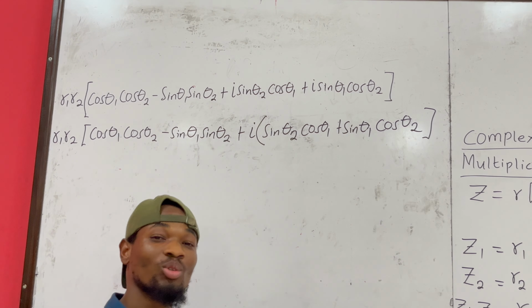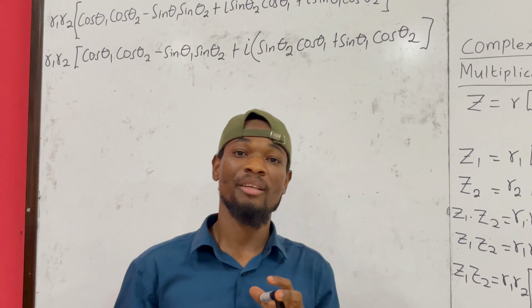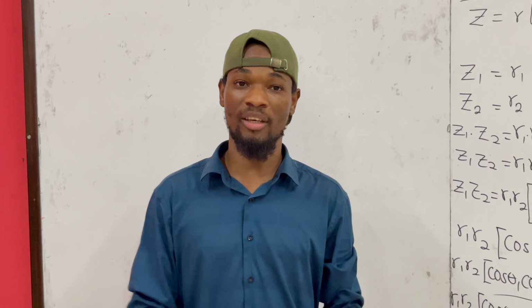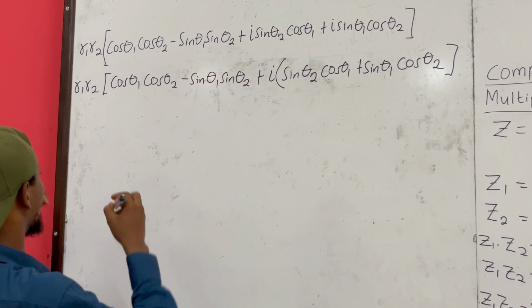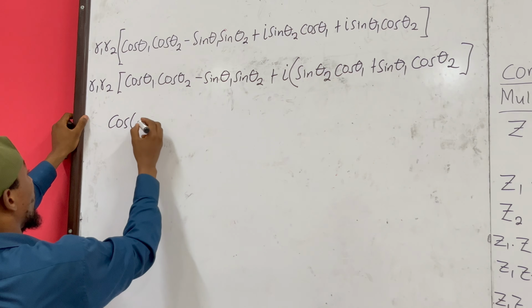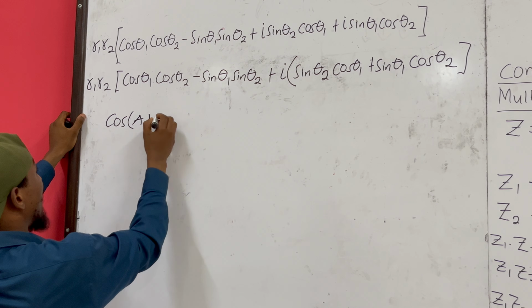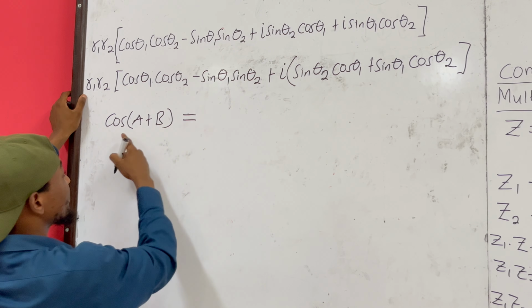Viewers, let's do a little bit of recap on the trigonometry identities, okay? So now, when we have, let's say, cos of A plus B. In trigonometry, we know that this is the same as what?